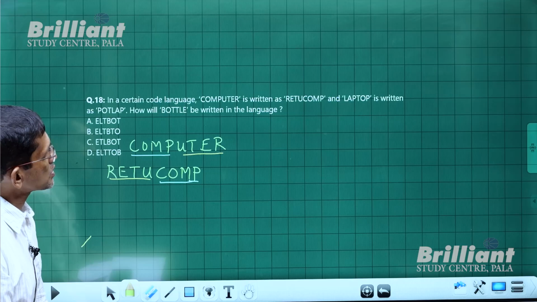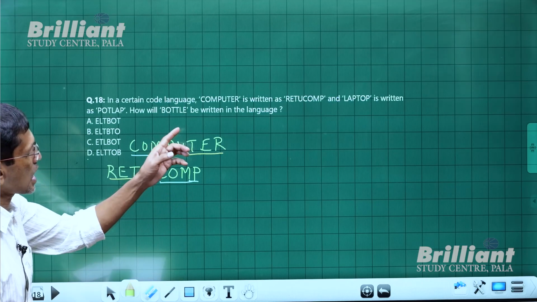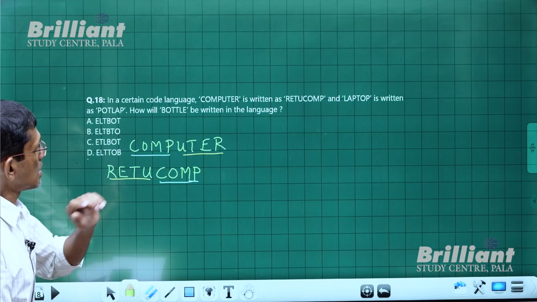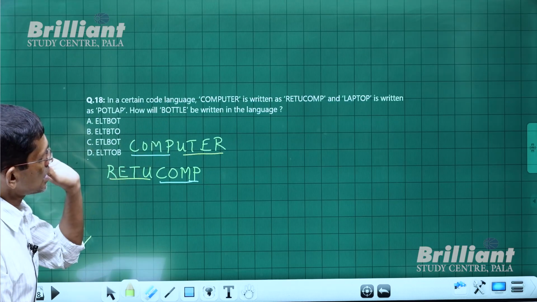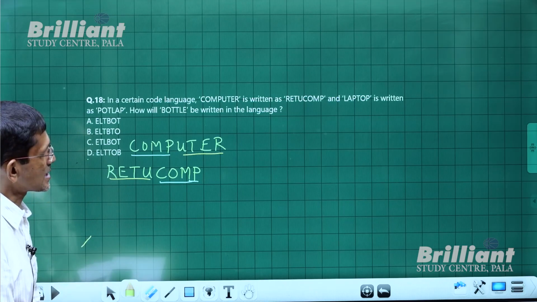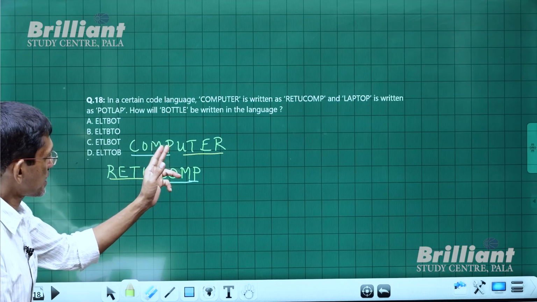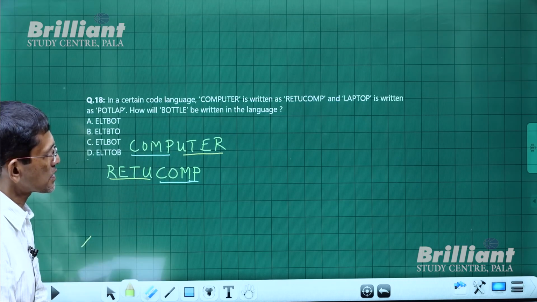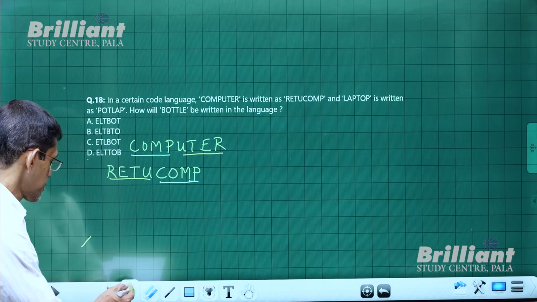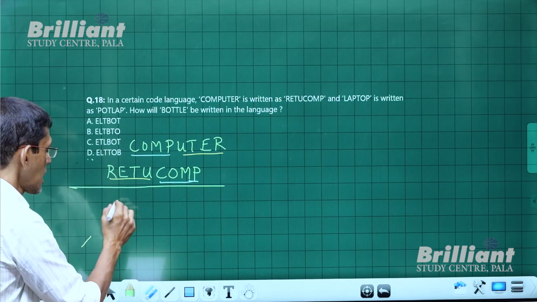How about laptop? Is it coded in a similar way or a different way? Let's check. For computer there are 8 letters; for laptop it is 6 letters. The word computer is divided into 2, so let's check whether laptop is divided into 2.